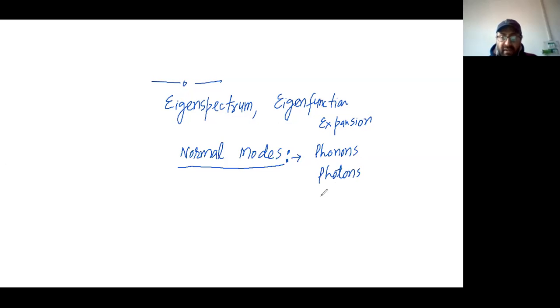However, they are all normal modes, and there is an associated eigenvalue problem with phonons, photons, and other particles as well. So when we solve the eigenvalue problem in quantum mechanics, physically we are trying to calculate the normal modes of that physical system.